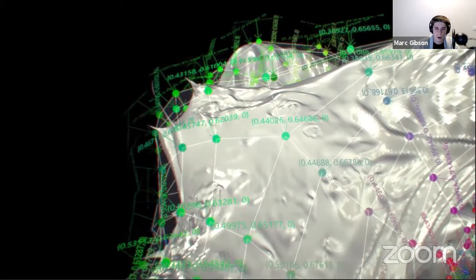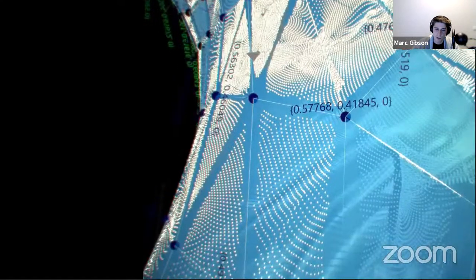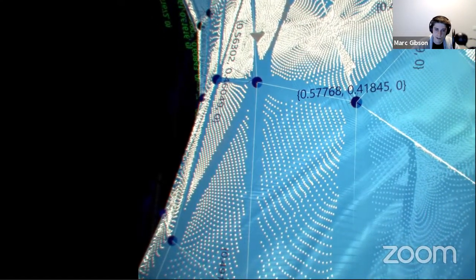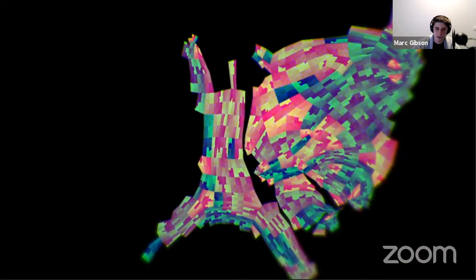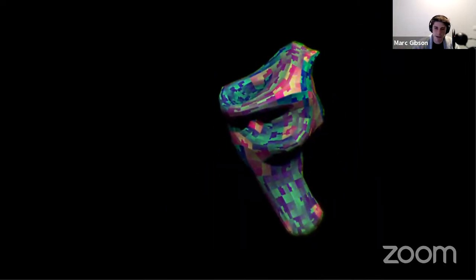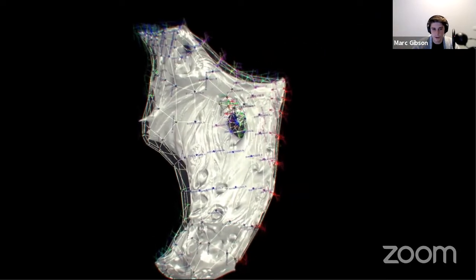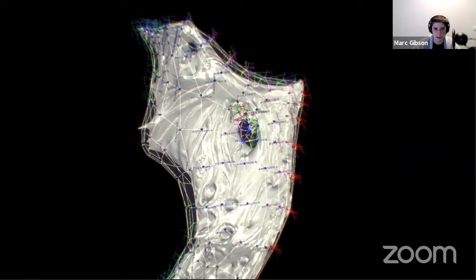From there, I took the high resolution bit of geometry and looked at the vertex positions relative to the low resolution face, and essentially translated or inherited the UVs from the low resolution object onto the high resolution object.